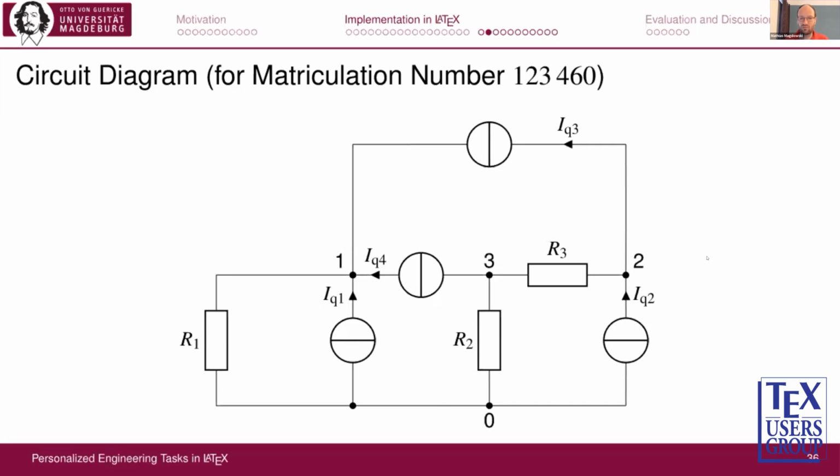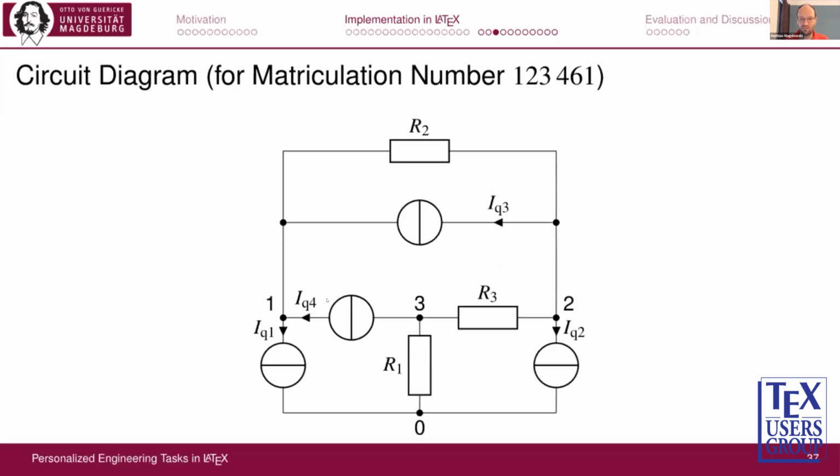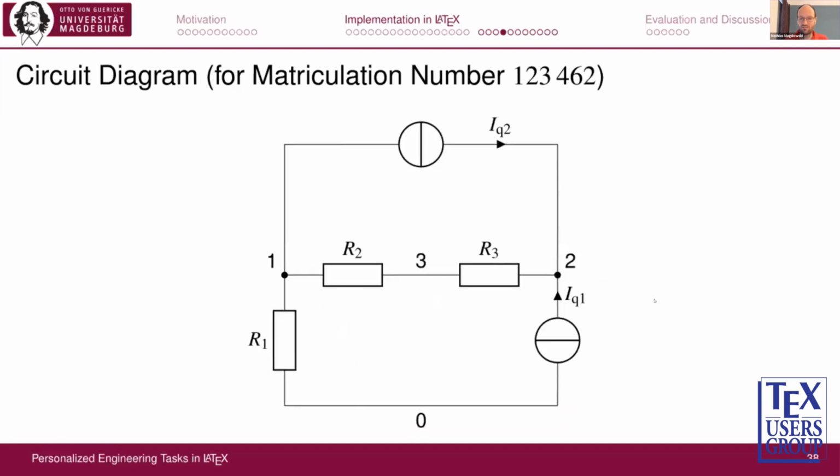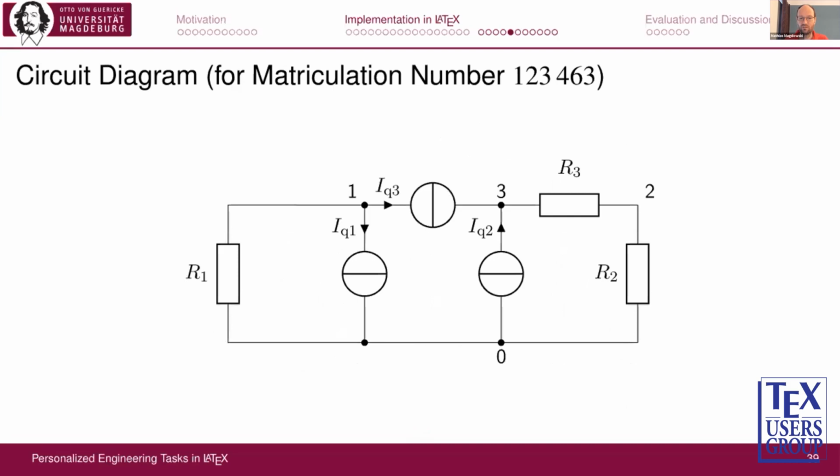So with different matriculation numbers, as you can see, there are always these 3 nodes, but the circuit diagrams can look very, very different with these different options and possibilities.